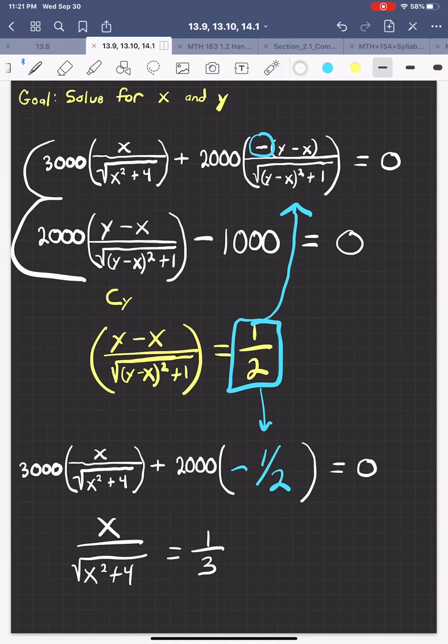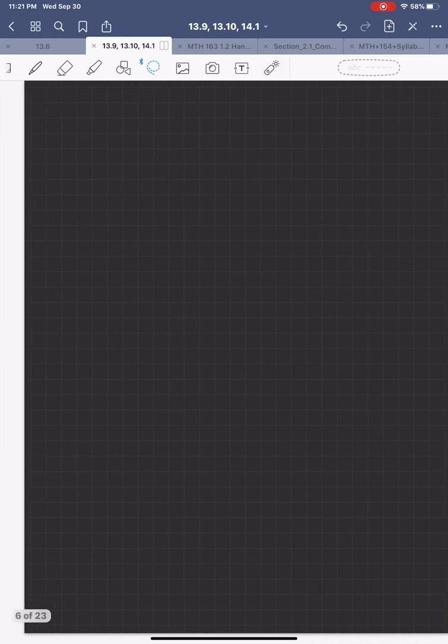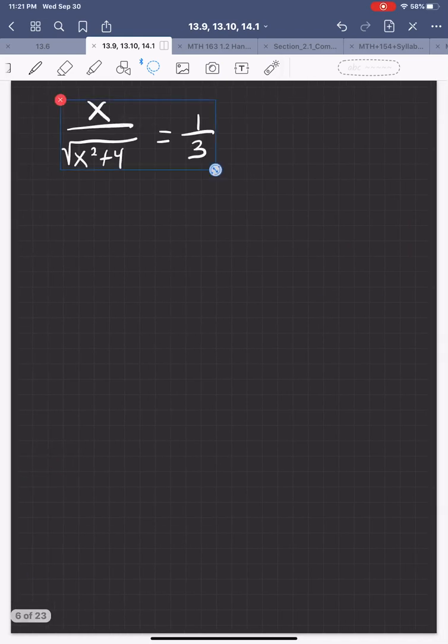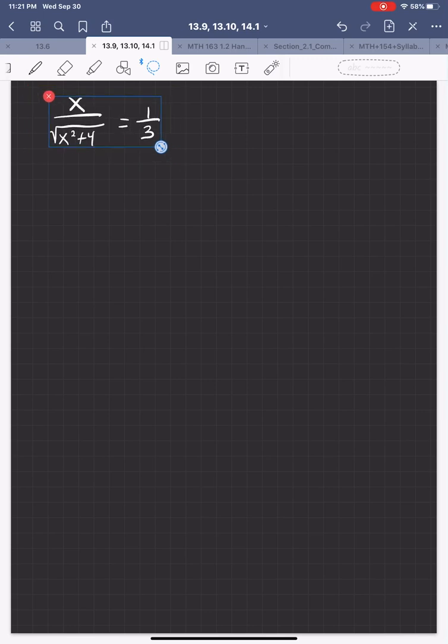All right, not good enough. We need to make a statement of what x is equal to. So what we're going to do, this is a proportion, we're going to cross multiply, right?